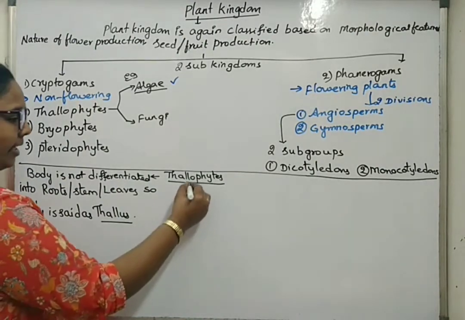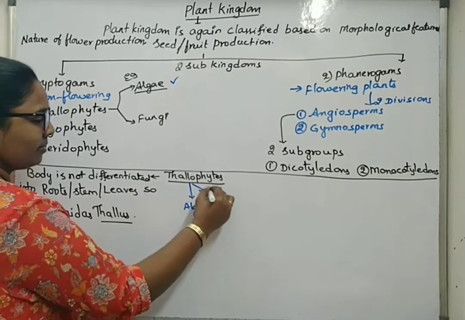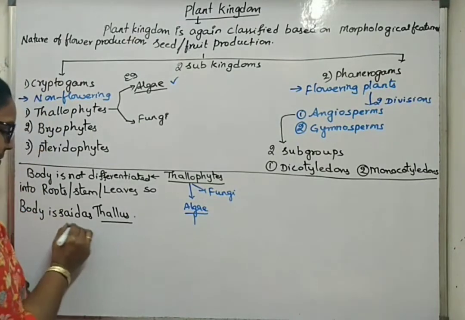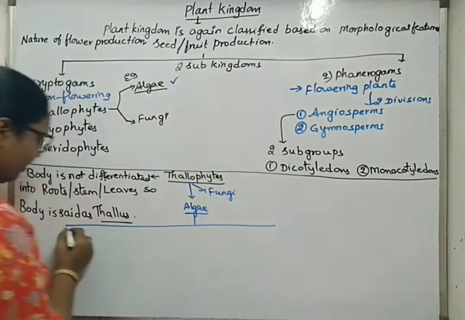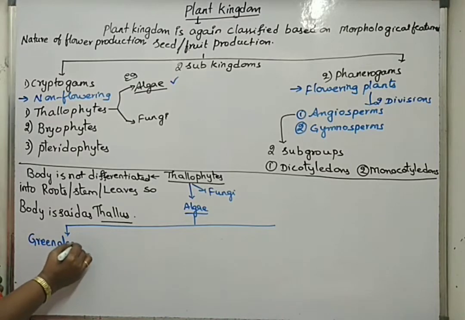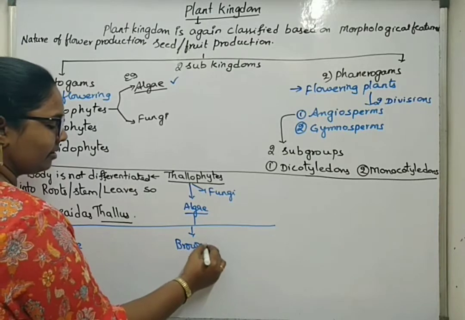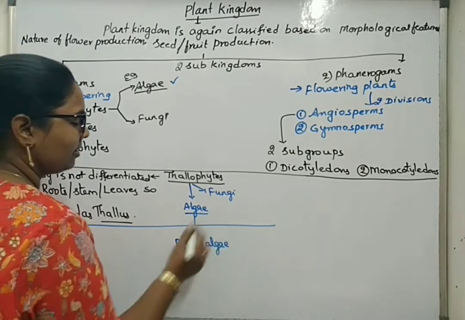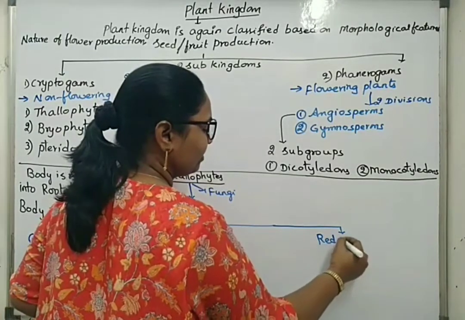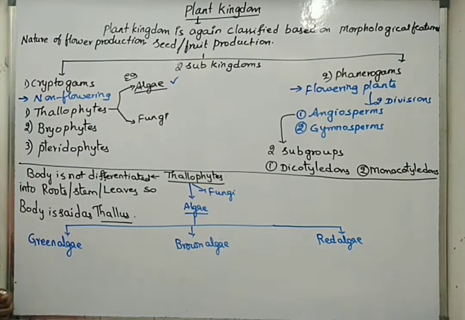Under algae, we read about green algae, brown algae, and red algae. So under algae, we read about 3 different types.